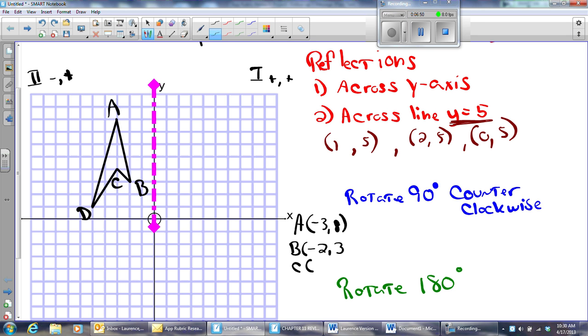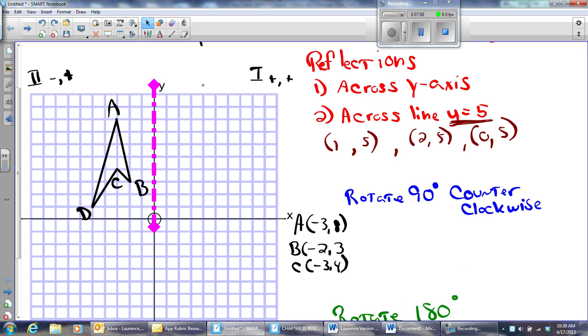I know C's coordinates are at negative 3, 4. And D's coordinates, I think, are at negative 5, 1. Now, when I go to do the 90-degree rotation, x and y are going to switch places.